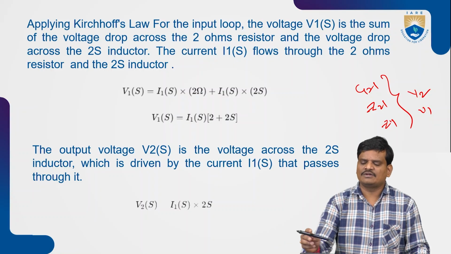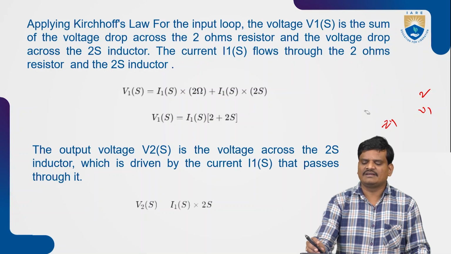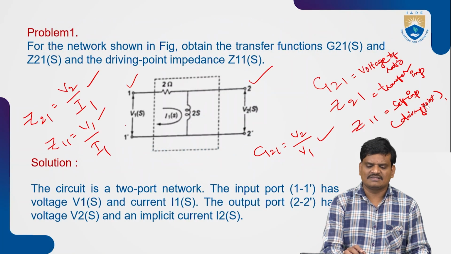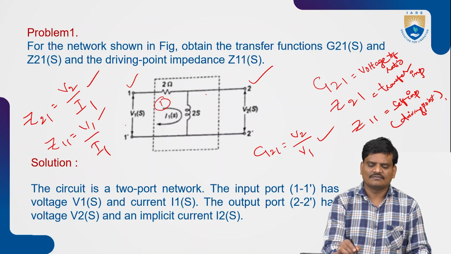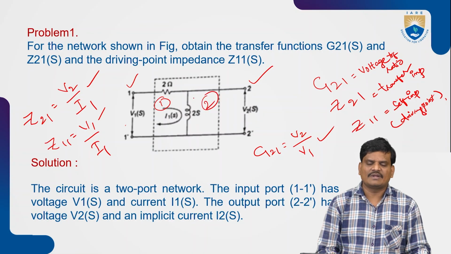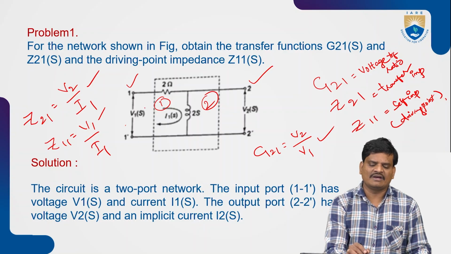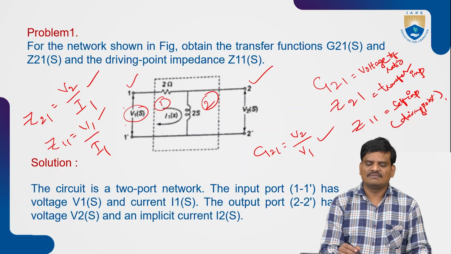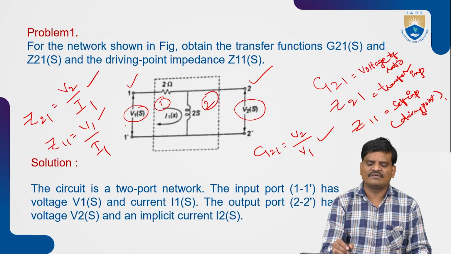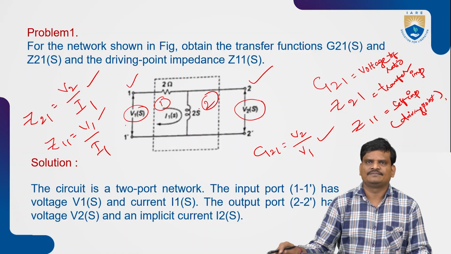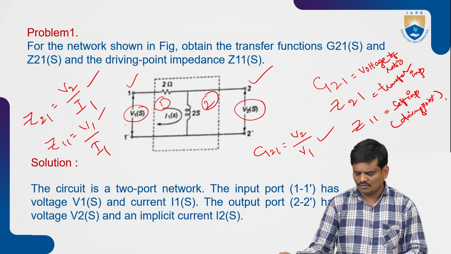So I am applying Kirchhoff voltage law in loop 1. The circuit given has two loops, loop 1 and loop 2. First I apply Kirchhoff voltage law in loop 1 and evaluate V1 of S. Similarly, I will calculate V2 of S by using the loop 2 expression.